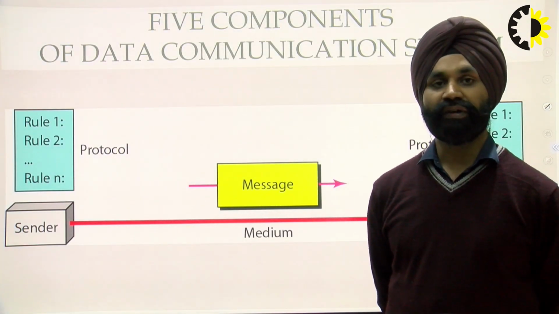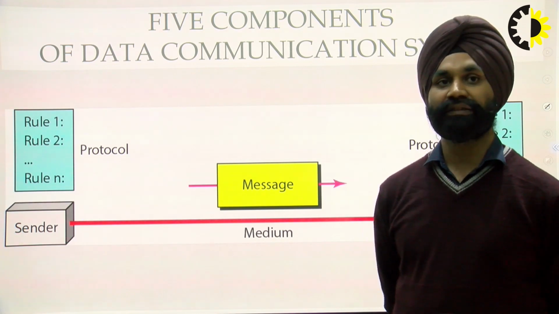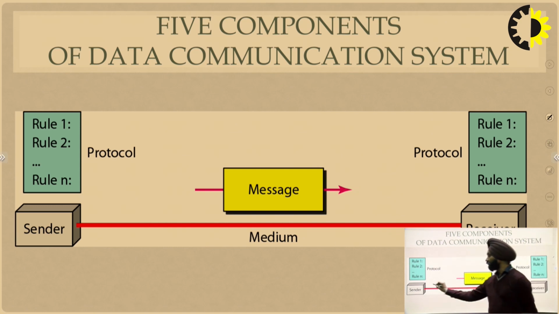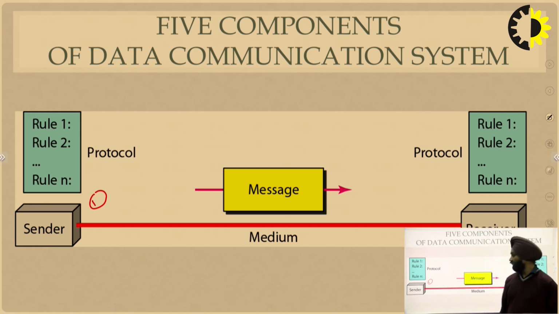So first of all, what is a data network? A data network is the communication of data between two devices. In a data communication network, we first require a sender, which generates a message. Second is the message.